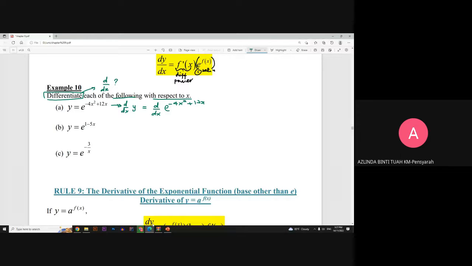Okay, what's next is differentiate y respect to x is dy per dx. Okay, differentiate exponent. Jadi, salin balik. And differentiate power.